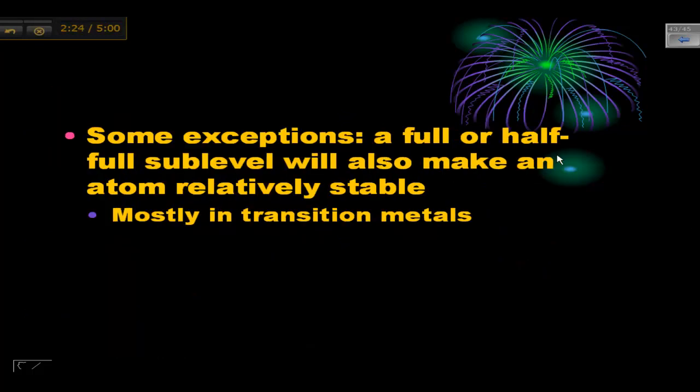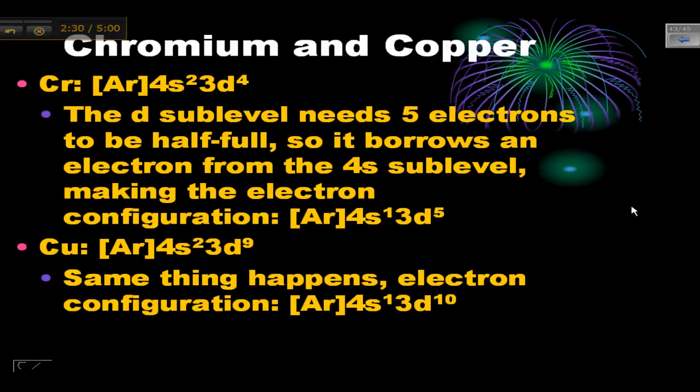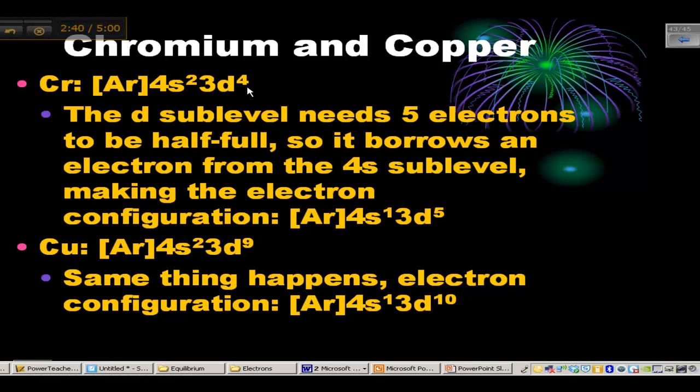Some exceptions: full or half-full sublevel. And this usually happens in transition metals. So those things will rearrange their sublevels. So like chromium, it only needs 1 more electron to have 5 d electrons, so each orbital would be occupied. So it borrows from the 4s2 because that's a lower energy level.